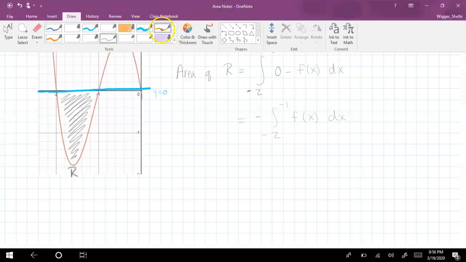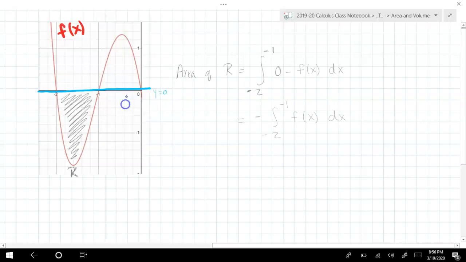Let's look at the other region. This region is above the x-axis. Let's call this area S. So if I want to find the area of S, I'm going to go from -1 to 0. This time my top curve is f of x minus my bottom curve, which is the x-axis, which is the horizontal line y equals 0.